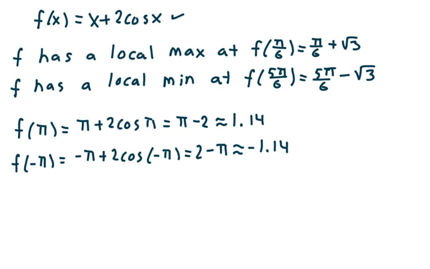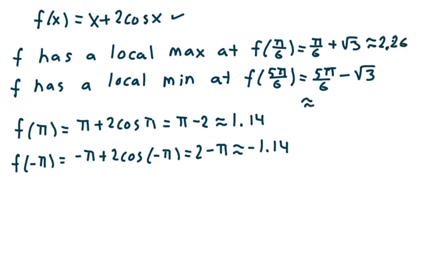So, if I take pi over 6 and then I add square root of 3, this is about 2.26.